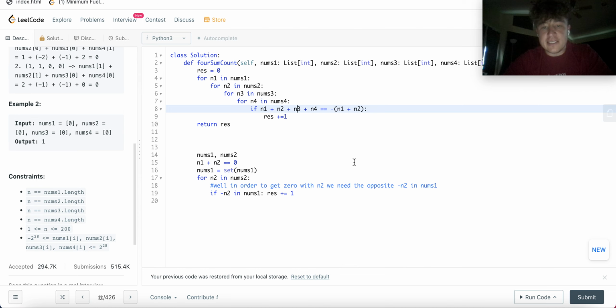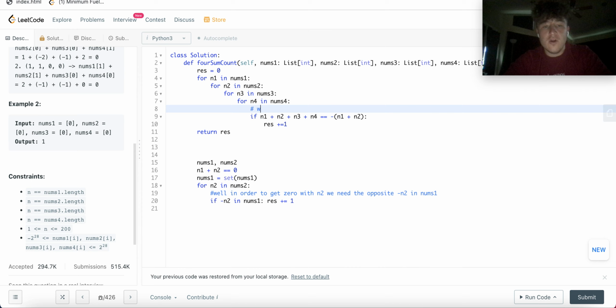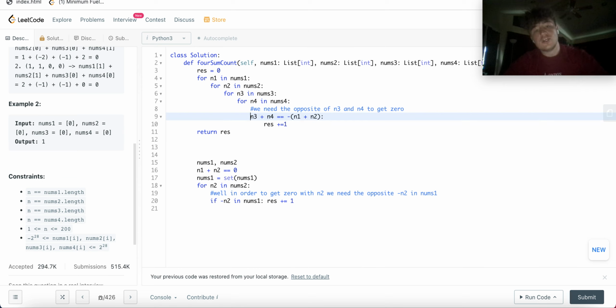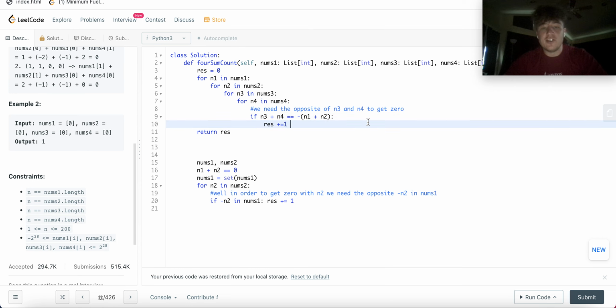So that means here, in order to get 0, we need the opposite of n3 and n4, right? That's what I'm basically saying here. And then doing the same thing, right?